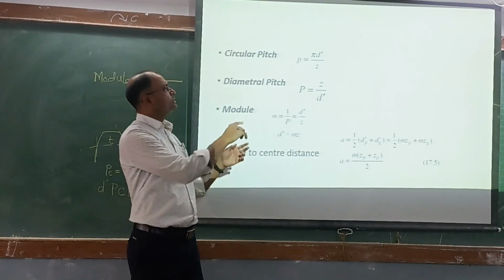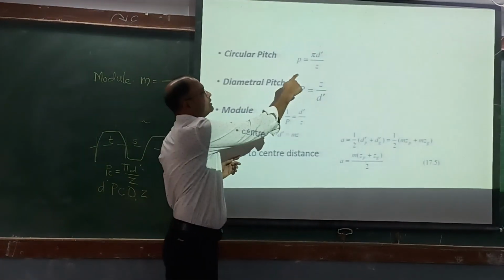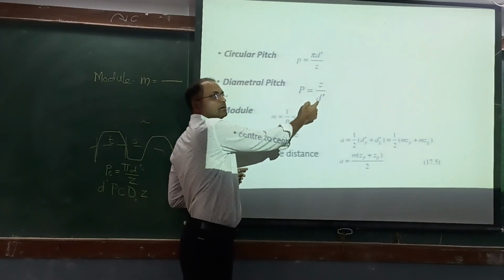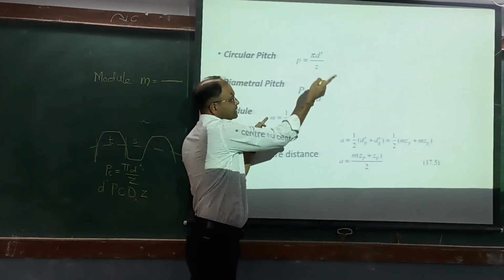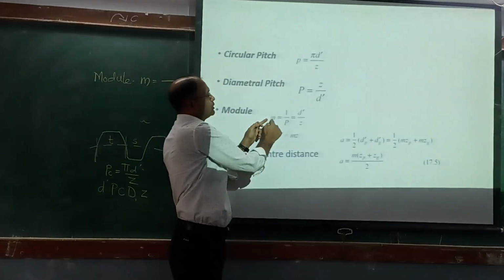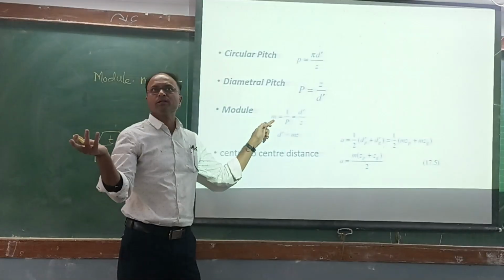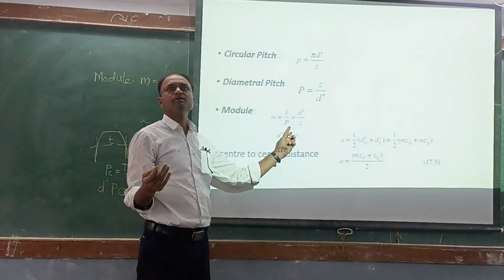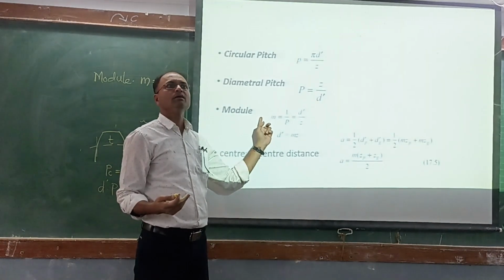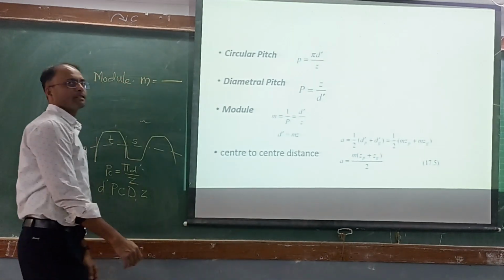You can see diametral pitch is number of teeth upon pitch circle diameter. Module is pitch circle diameter upon number of teeth. Therefore, module and diametral pitch are inverse of each other. Yes or no? Module is 1 upon diametral pitch, or diametral pitch is 1 upon module.